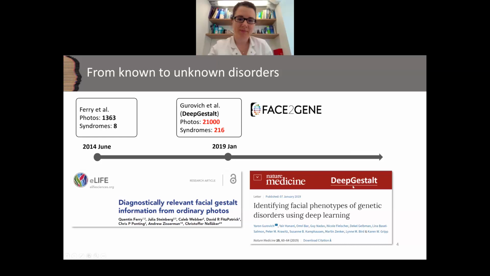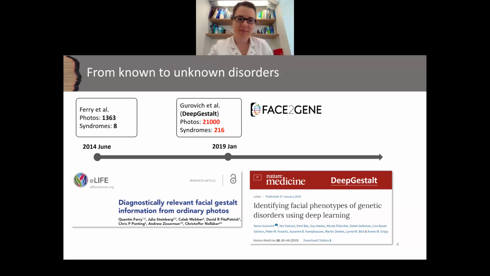I will refer to this name in the following presentation. They published DeepGestalt in Nature Medicine in 2019. In this paper, they trained a deep convolutional neural network on over 20,000 images with around 200 disorders. So after 5 years, we finally pushed the scale from 8 syndromes to over 200 syndromes.